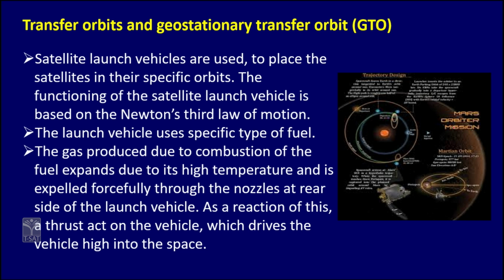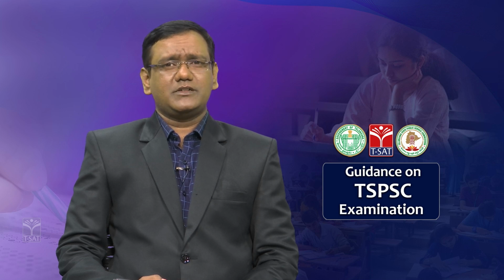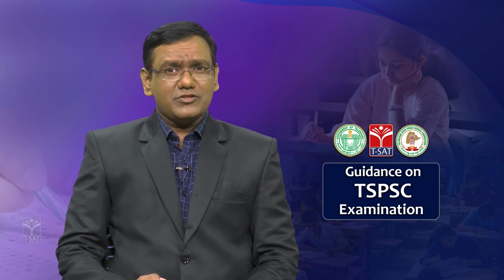So the launch vehicle uses a specific type of fuel, and the gas produced due to combustion of the fuel expands due to its high temperature and is expelled forcefully through the nozzle at the rear side of the launch vehicle.